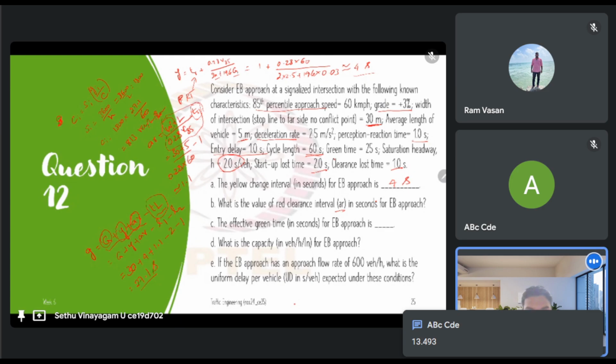Yes, 13.49, correct. That is the uniform delay. So how do we get this?